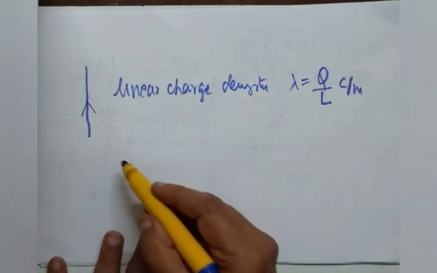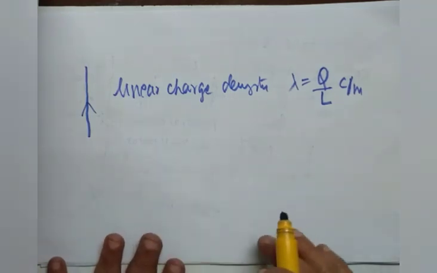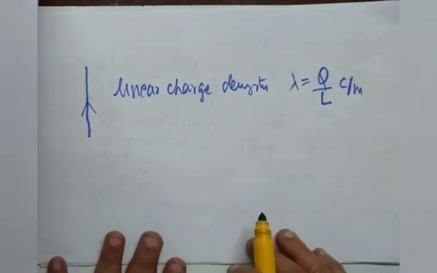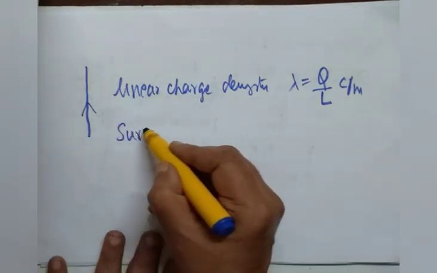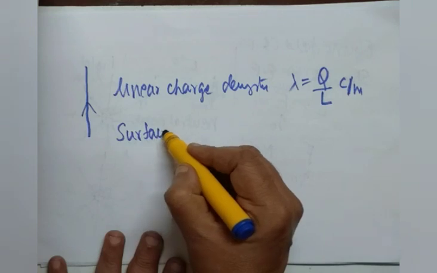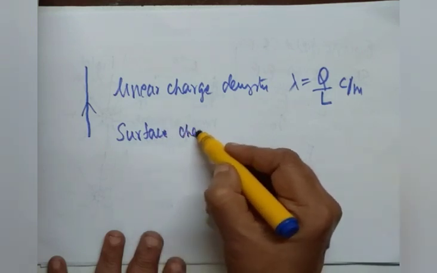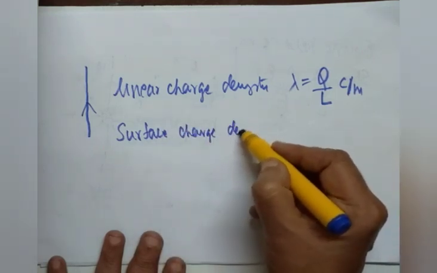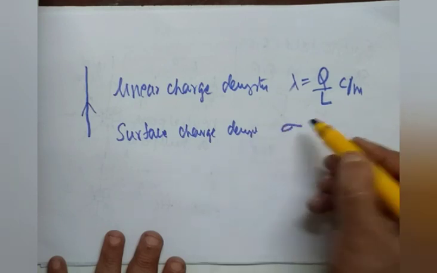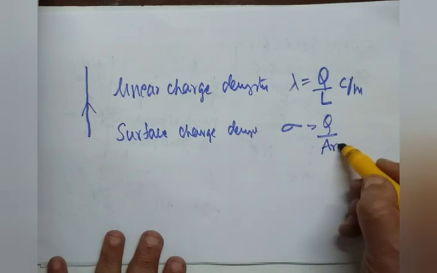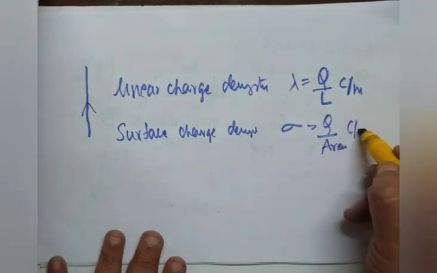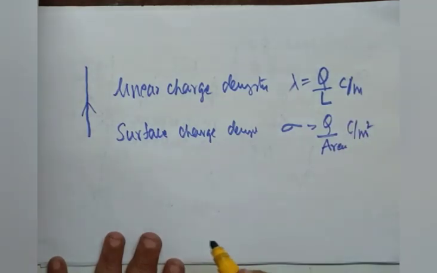In the same manner, when we have continuous distribution of charge on plane surfaces, we have the next idea, surface charge density, usually denoted by sigma, which is Q by area. Therefore, coulomb per meter square is the unit.